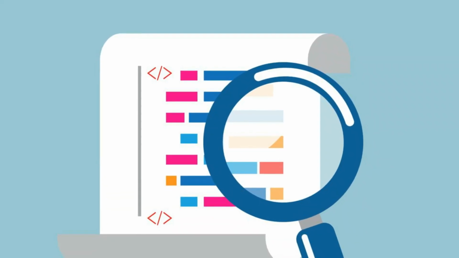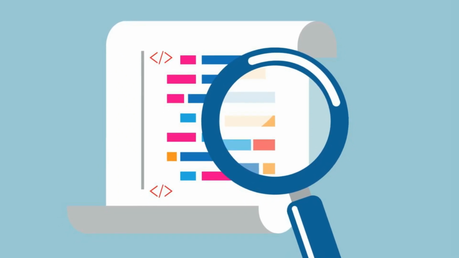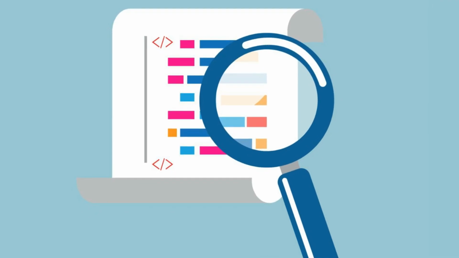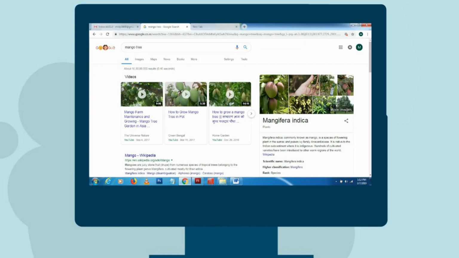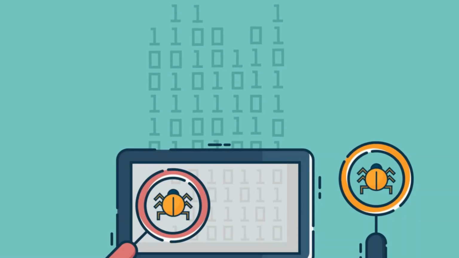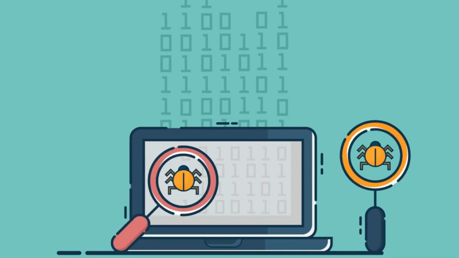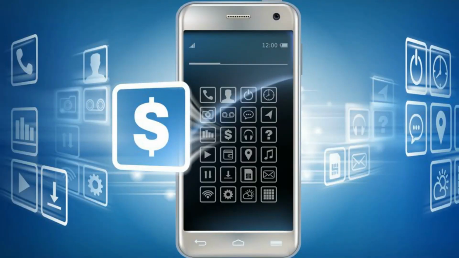If there are any programming errors, the keyword input will not be validated and the search results will not be what you had asked for. Instead, you start getting some other results, say mango tree. This gap is exploited by cyber criminals to obtain details which may harm the user.